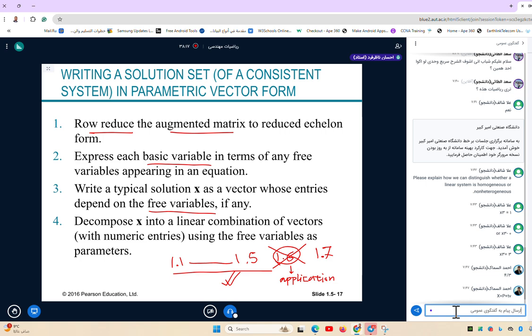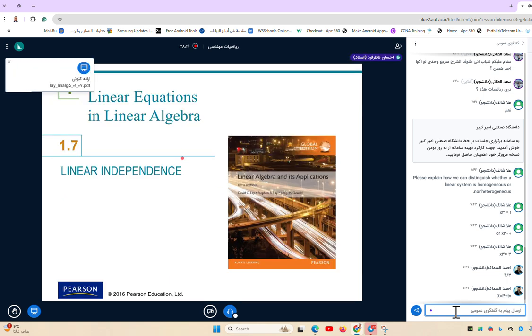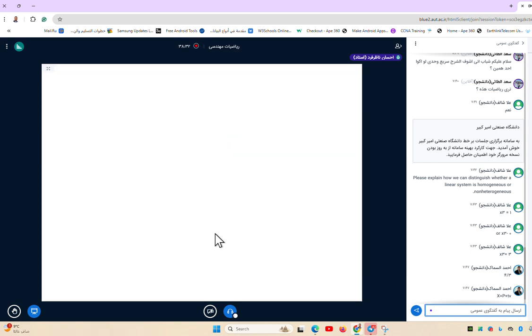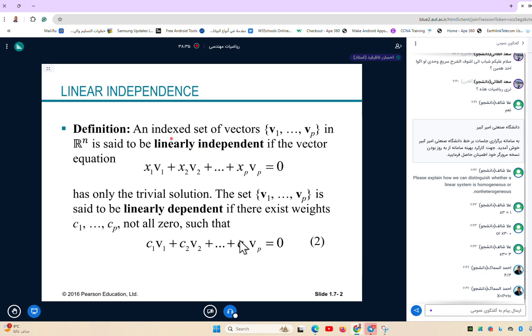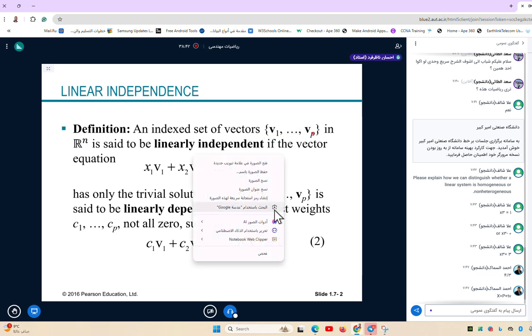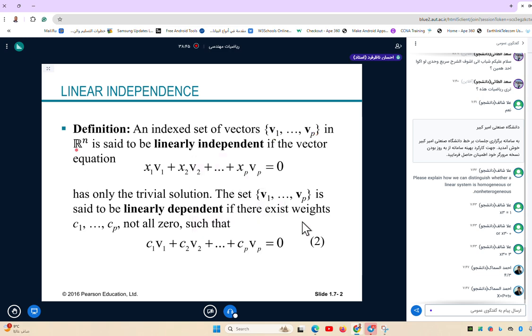So the most important section after that is called linear independence. Very important discussion. An indexed set of vectors v1, v2, v3 through vp in Rn. When we say that this is in Rn, what do I mean?